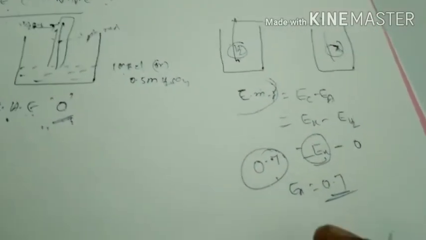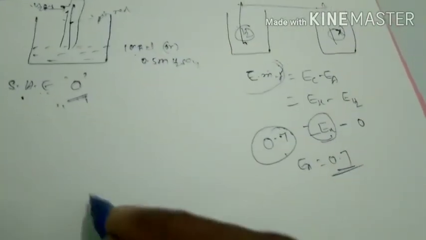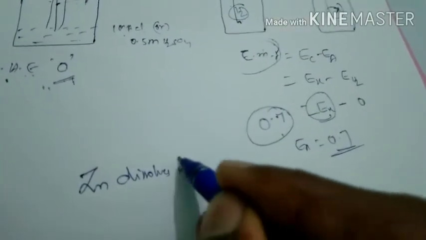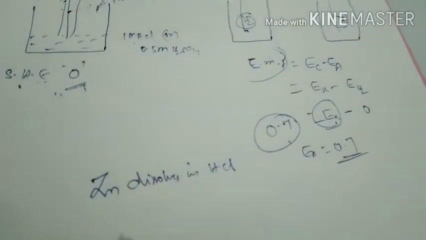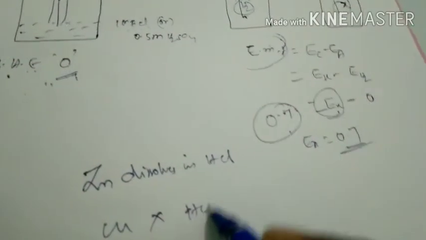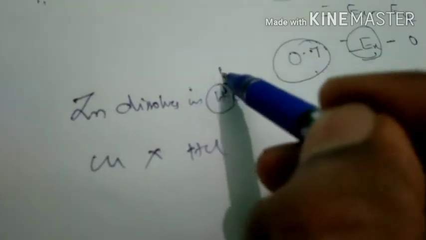Next, there are some more points regarding this one. That is, zinc dissolves in HCl, but copper does not dissolve in HCl. This is the question. Why does zinc dissolve in HCl? Why does copper not dissolve in HCl? Here, the point is, the electrode potential of hydrogen is how much? 0.